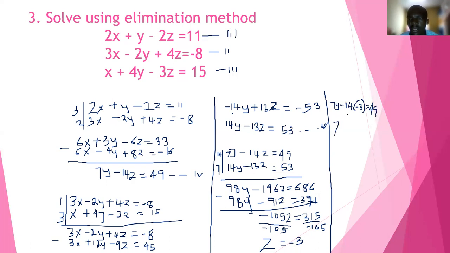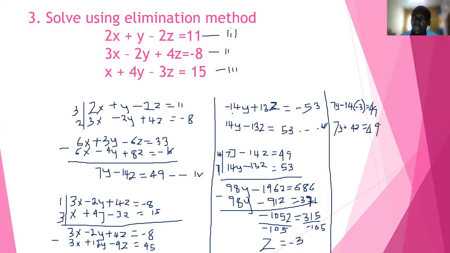So 7y plus 42, because 3 times 14 is 42, is equals to 49.